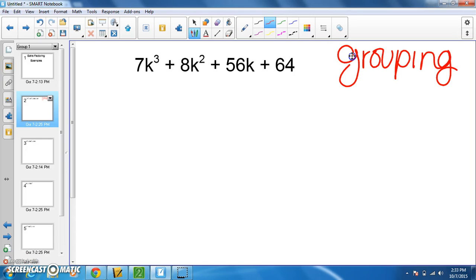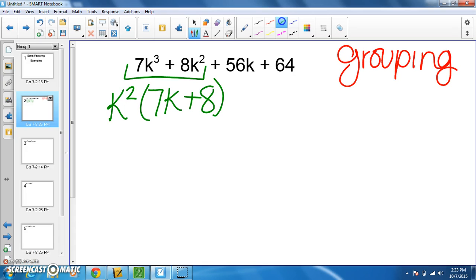So I'm going to find 2 terms that have a GCF. My first 2 terms, I have a greatest common factor of k squared. So if I factor that out, what do I need to multiply k squared by to get 7k cubed? It is 7k. What do I need to multiply k squared by to get 8k squared?